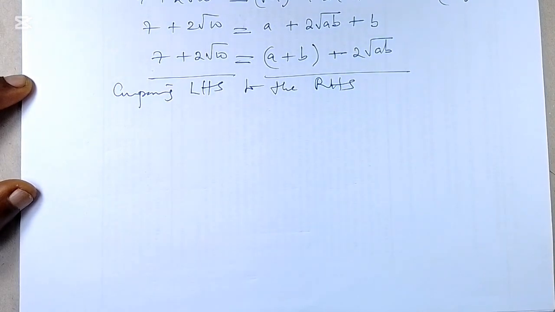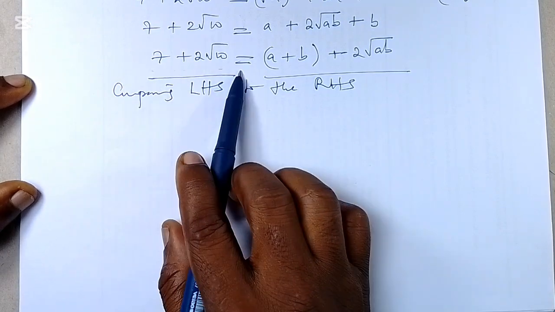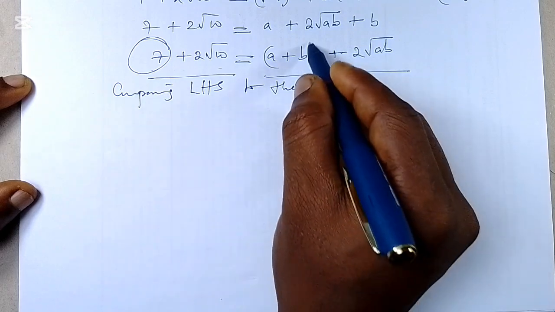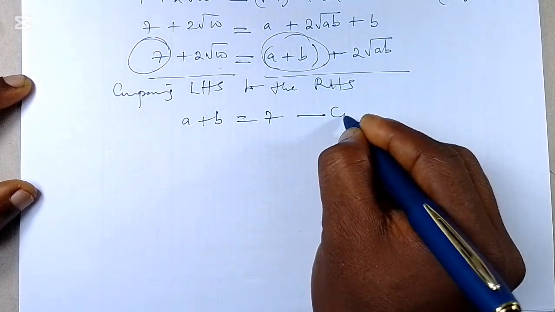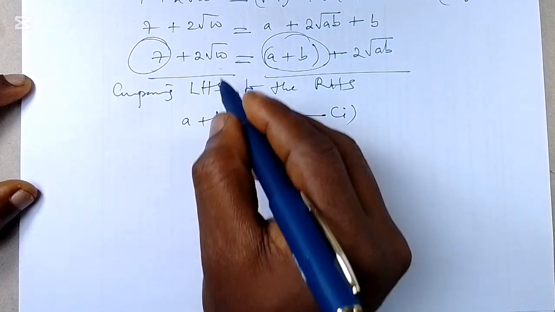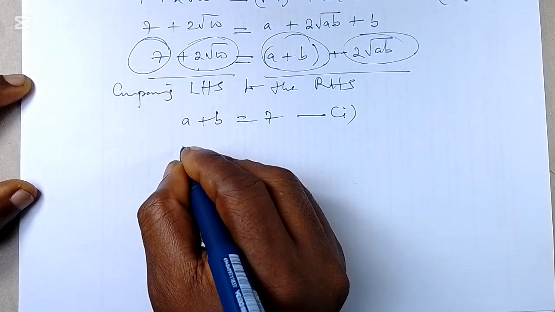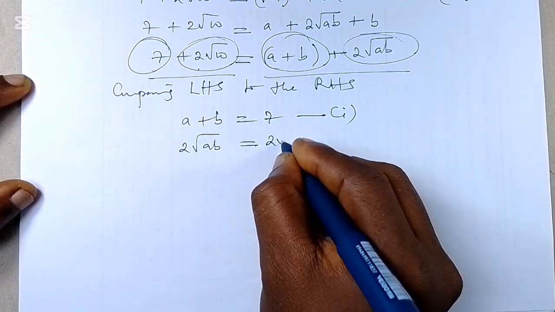When you compare, it will develop two equations for you. If you compare the left hand side of this equation to the right hand side, you will see that 7 resembles A plus B. So I'm going to write A plus B equals 7, and I'm going to call this equation 1. The next thing, you will notice that this part resembles this part. So I'm going to say 2 root AB equals 2 root 10.